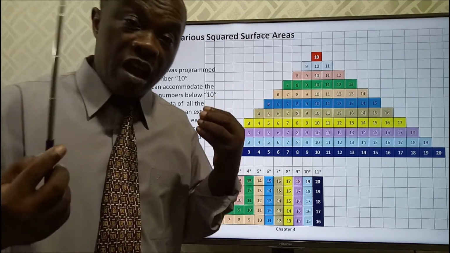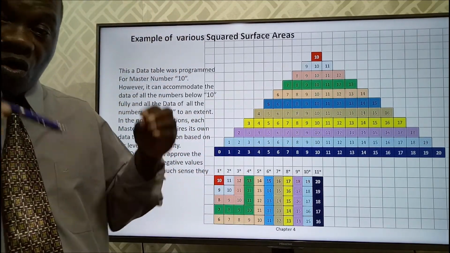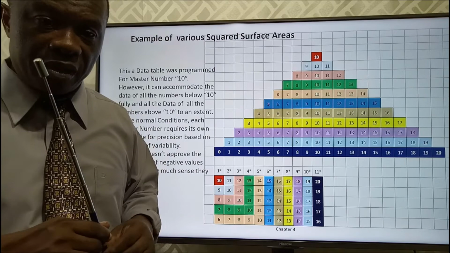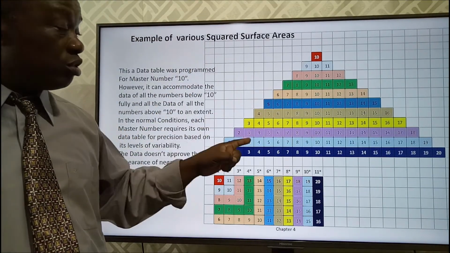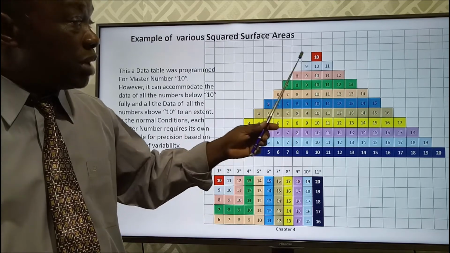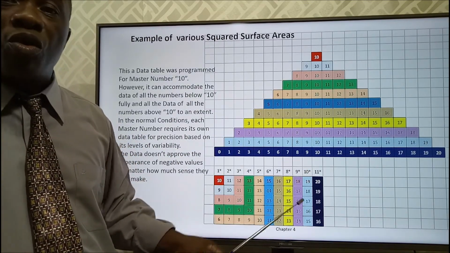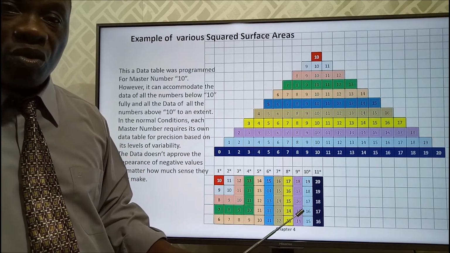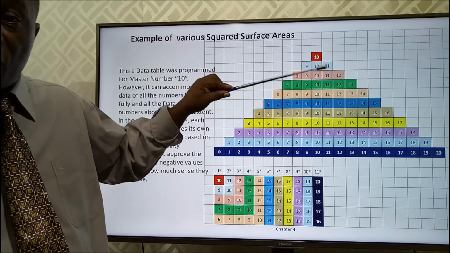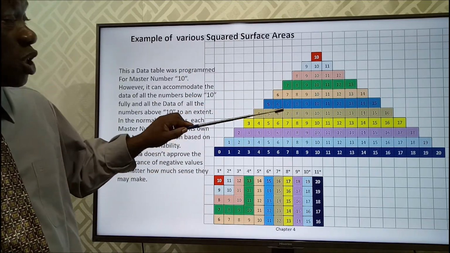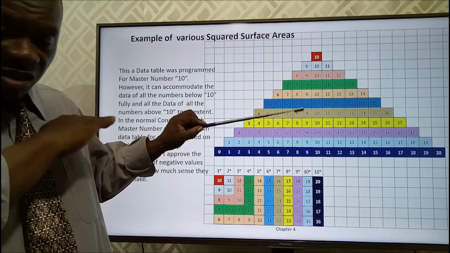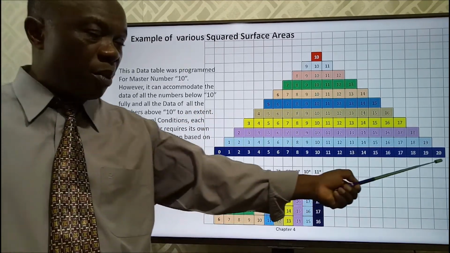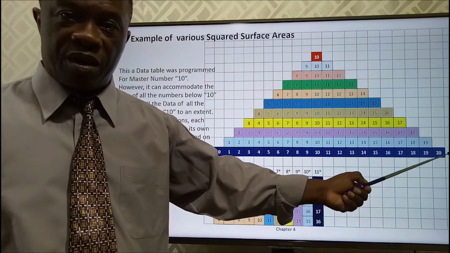For every number, if you want to work on a particular number as a master number, you have to make your table according to that number, according to the levels of variability, and you have to stop only where you get 0 at the corner and double at the other corner.